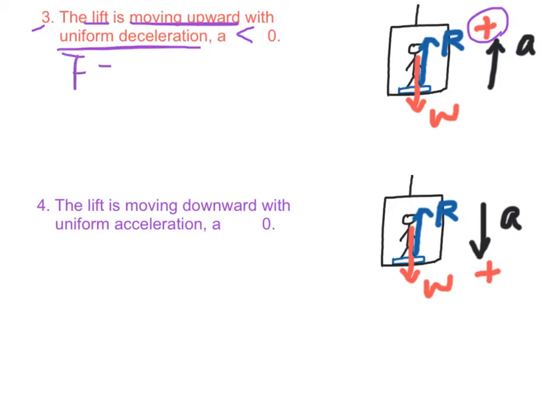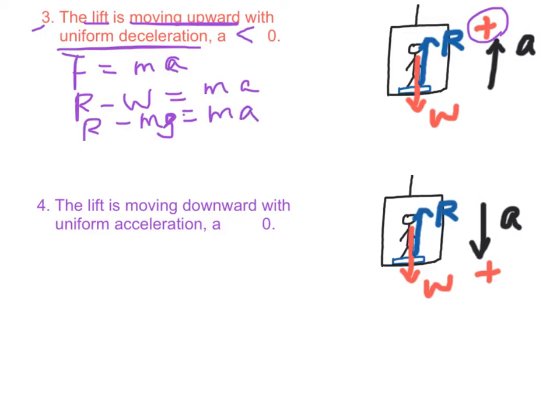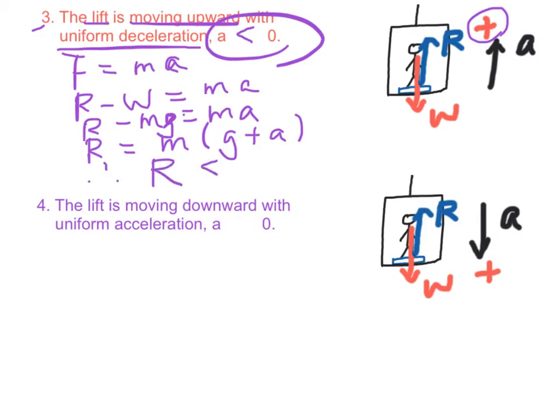By F equal to ma, we have R minus W equal to ma, R minus mg equal to ma, hence R equal to m(g plus a). But since a is smaller than 0, therefore we will get reaction force smaller than mg in this case, because a is negative.